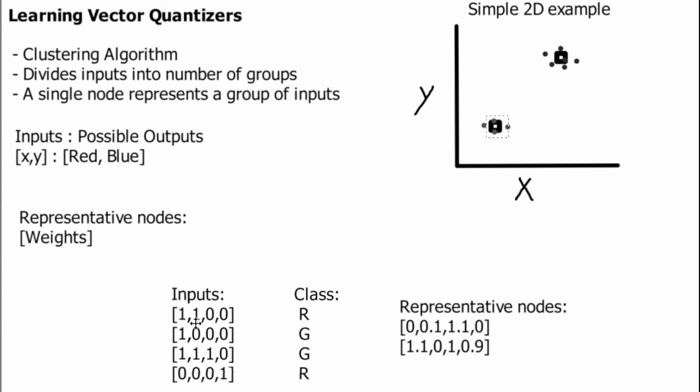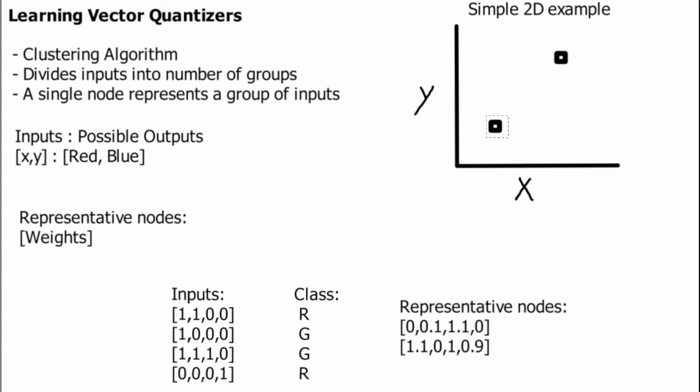We might have many 4-dimensional, even more inputs, and it's not as easy to visualize what happens. However, with these representative nodes, after this grouping, each node is now close to and represents a group of inputs, because what happens if there are, instead of just 2, 5 groups and stuff like that?